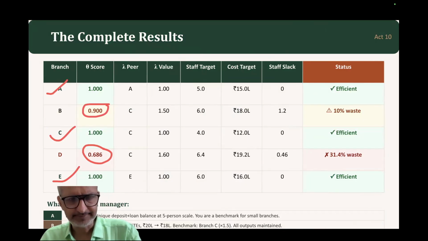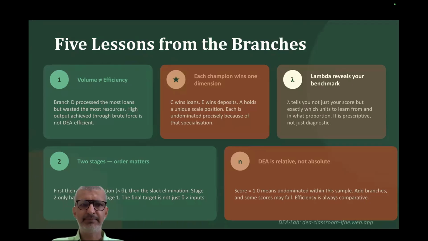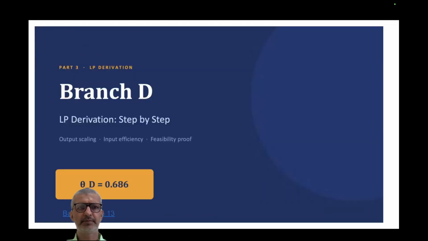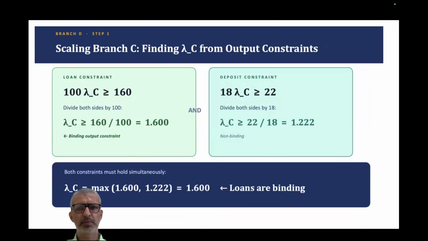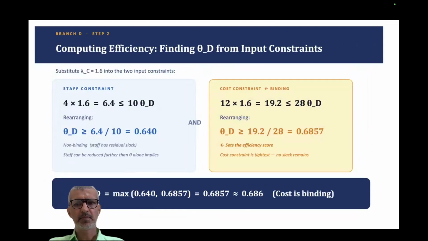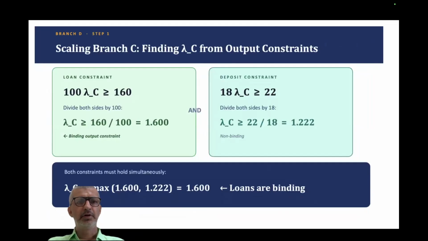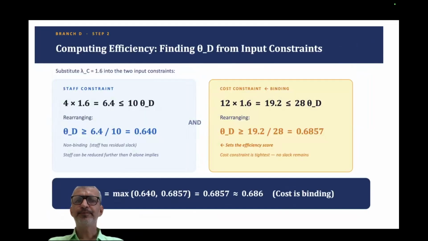Now let's look at how we arrived at this number mathematically. What is the staff constraint here? The staff constraint is 4 into 1.6.